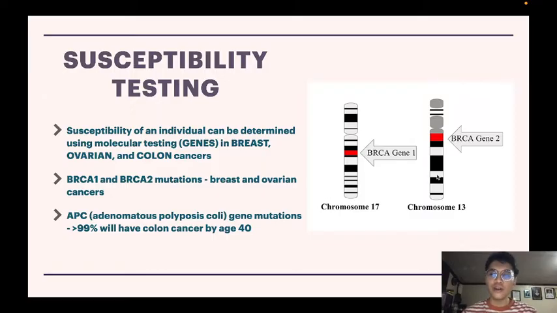So this is actually very good for testing the susceptibility of patients to cancer. And then the APC, or adenomatous polyposis coli gene mutations: greater than 99% of those with mutations in the APC gene will have colon cancer by the age of 40.